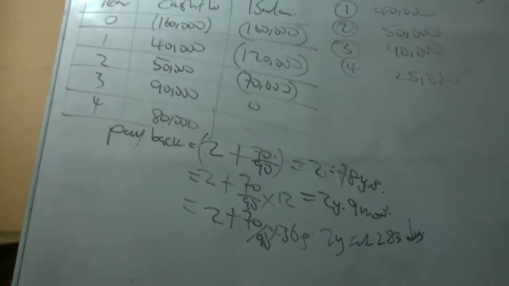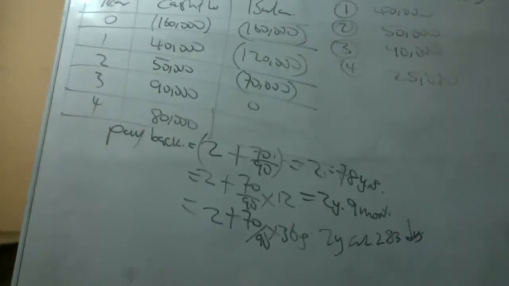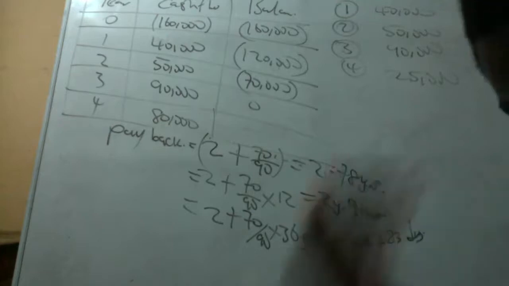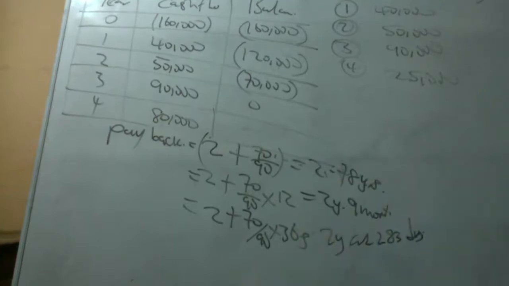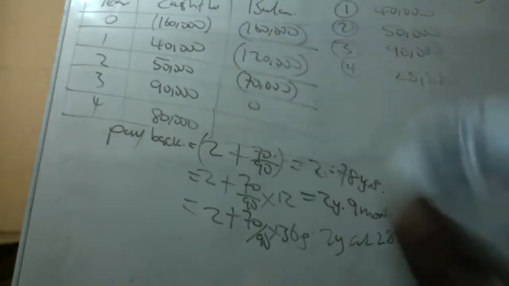Good. Now, one of the rules says that working capital at the end of the project life must be recovered. So any calculation that uses cash flow and there's working capital, you have to recoup it. So you have to add it back. Any working capital, you have to release it.